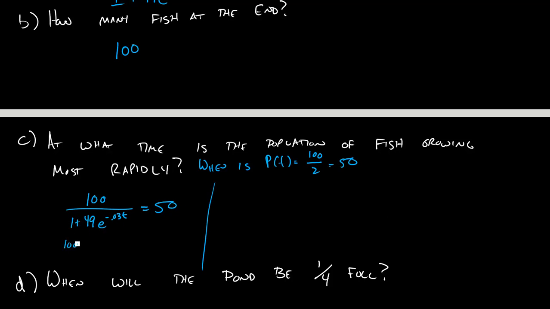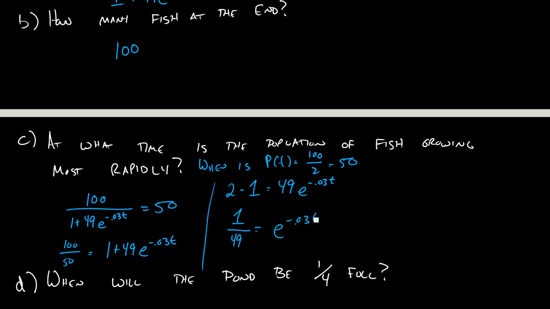So we'll have 100 divided by 50 is equal to 1 plus 49 e to the negative 0.03 t. This is equal to 2. I'm going to subtract 1, so 2 minus 1 is equal to 49 e to the negative 0.03 t. And now I'm going to divide each side by 49. So we'll have 1 over 49 is equal to e to the negative 0.03 t.